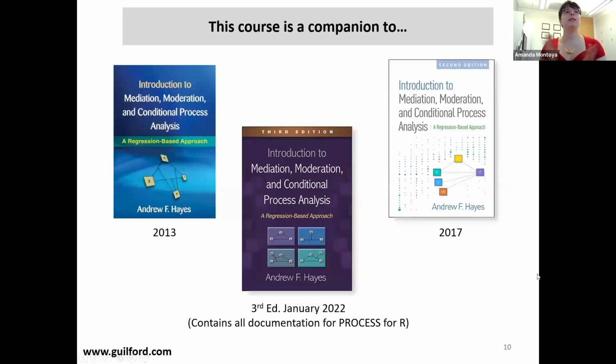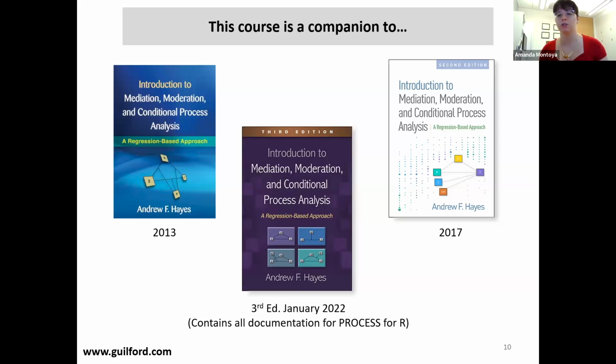Okay, and then the last thing that I want to do is point you to a really wonderful resource. This is the book Introduction to Mediation, Moderation, and Conditional Process Analysis by Andy Hayes. It's in its third edition now, and for our R users, the third edition is the only one that has the R version.